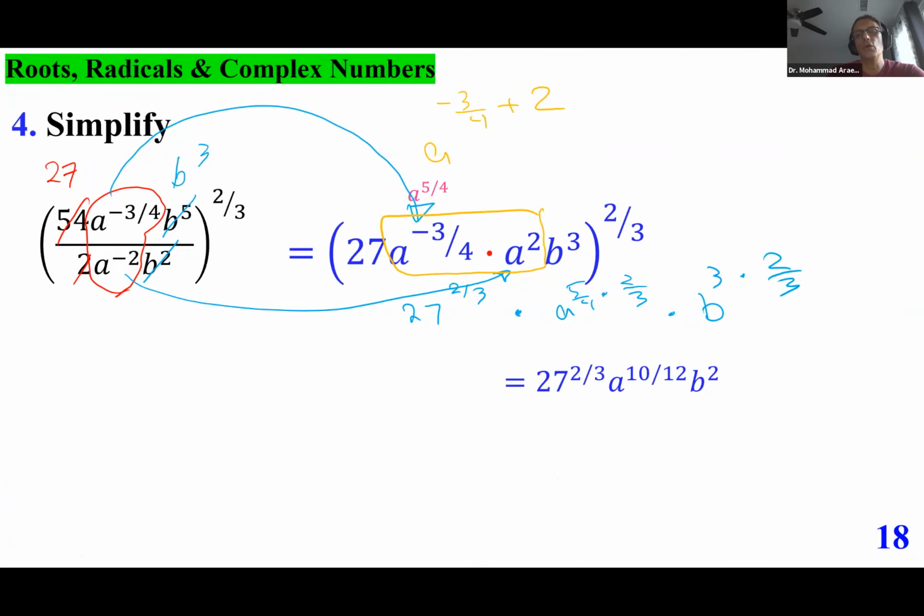Now we know 27 to the power of 2/3 is cube root of 27, which is 3 squared, and it becomes 9. We also know that a to the power of 10/12 we can simplify to 5/6. And that's the final answer. So this becomes 9, and 10/12 changes to 5/6. B squared remains unchanged.